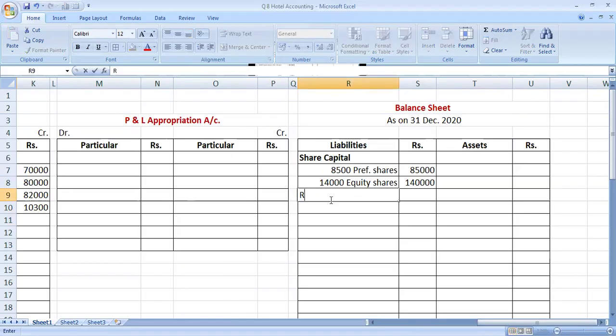Before this, I am taking the heading reserve and surplus. Four percent mortgage loan, that is 2 lakh.